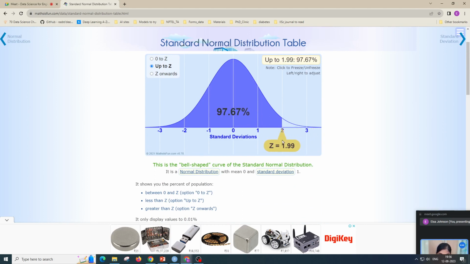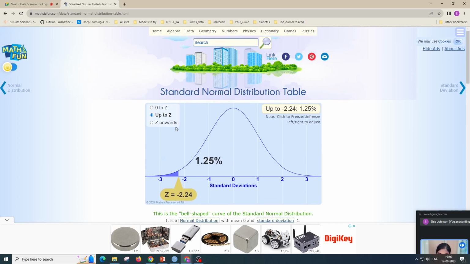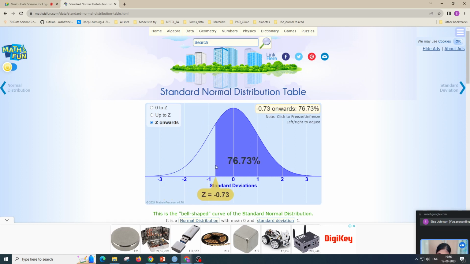So this much from the negative side till 2 is coming like this, and if you put less than this one, this much is coming. So this is like the standard normal distribution table, and you can see different variations.